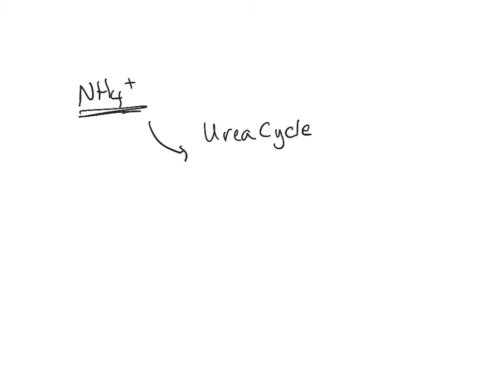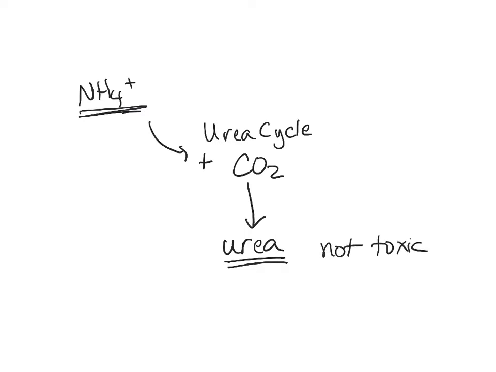In the urea cycle, it combines with carbon dioxide, and together they produce a waste product that's called urea. Urea is not toxic, whereas ammonium ions were very toxic. So now the kidneys can excrete urea.